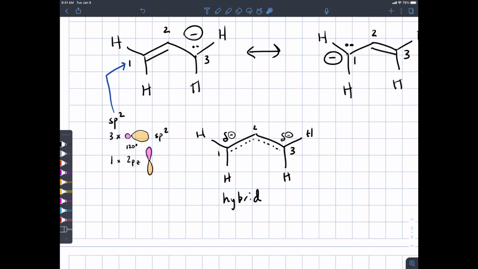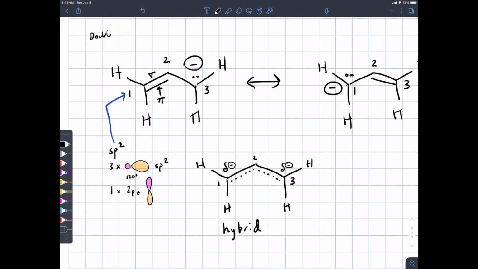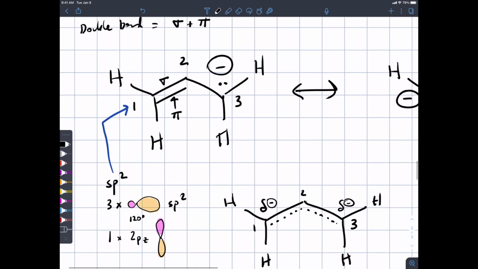Okay, the pi bond and the sigma bond together make a double bond. Good. Double bond equals a sigma bond and a pi bond between the same atoms. Do you remember where you get the pi bond from? Is it overlapping p orbitals? Overlapping p orbitals, right.